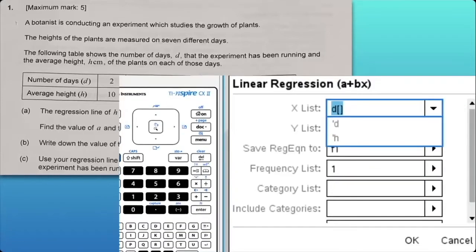The calculator will then ask you, which column is for X list? You can click this arrow and the drop-down menu will appear and you choose D because that's where we put the data for X values.